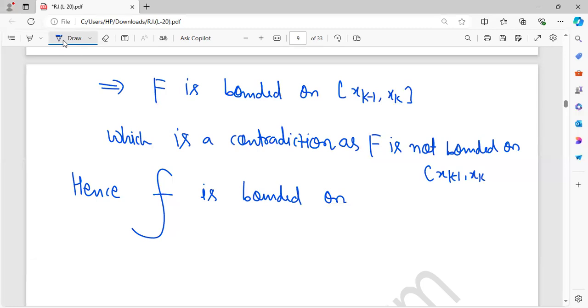Okay. So f is bounded on xk minus 1 to xk. So we have shown that f is bounded.